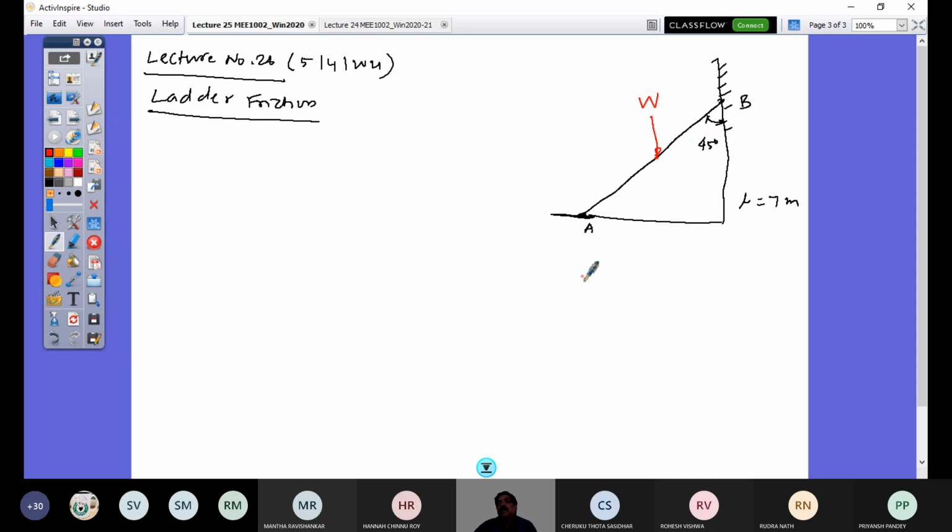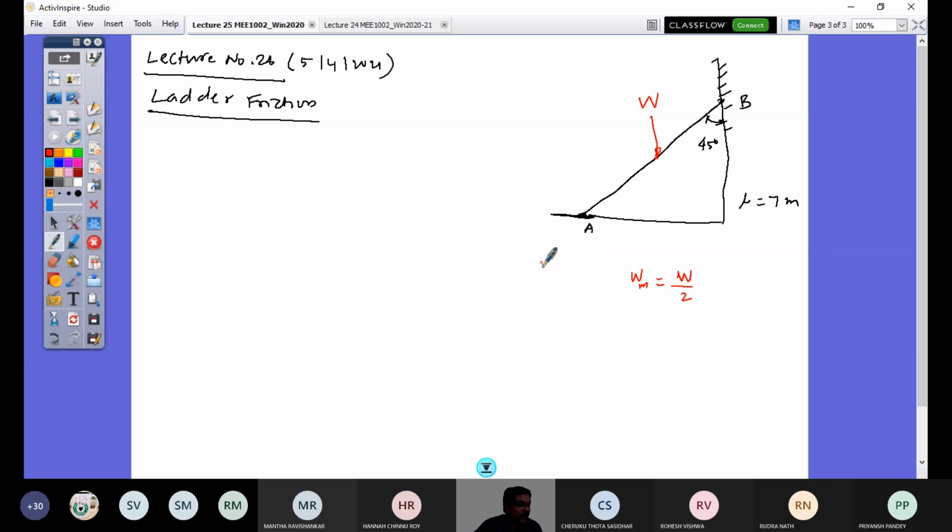The weight of the man who climbs is half the weight of the ladder, so W/2. So he is to climb here, and whether he is able to climb fully up this ladder or not is the question. You are also given the friction of these contact surfaces.